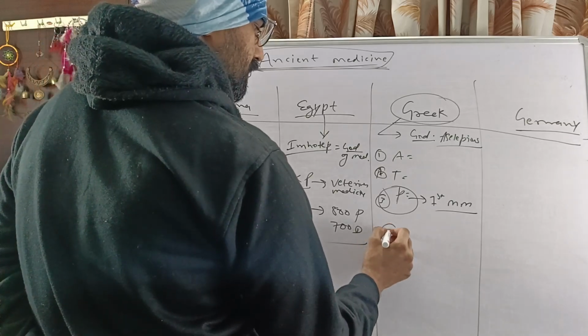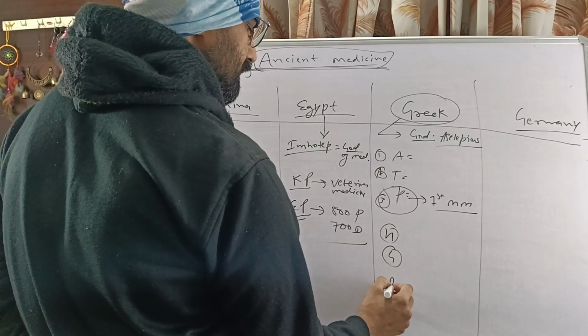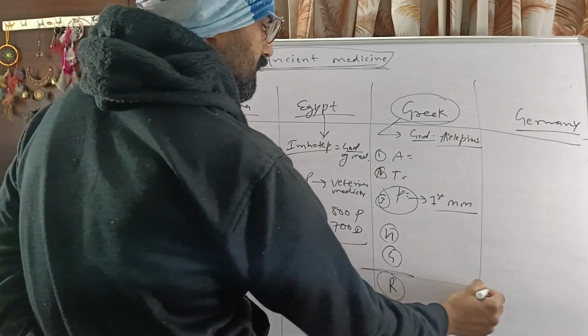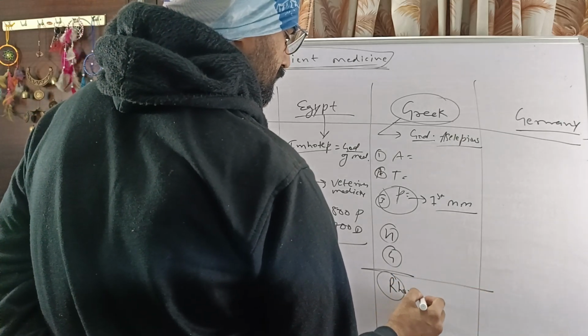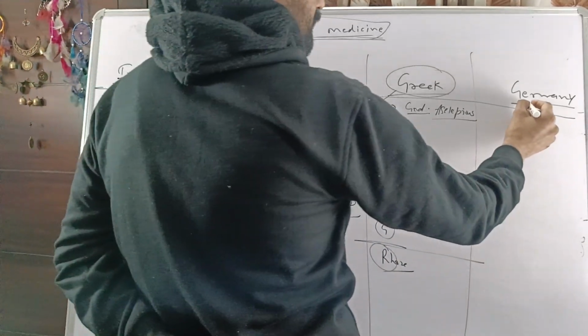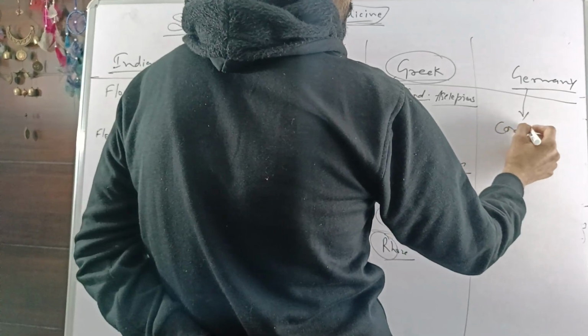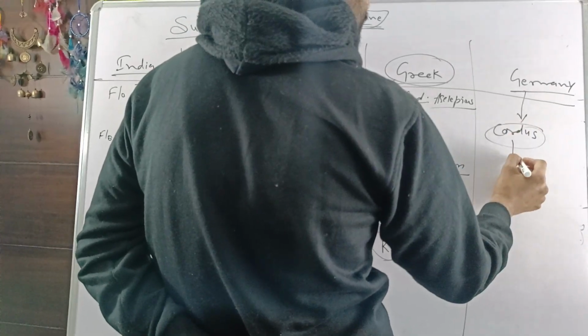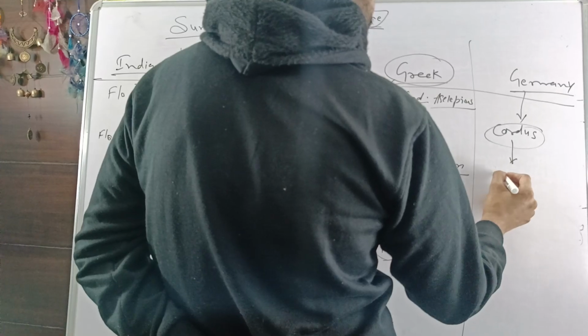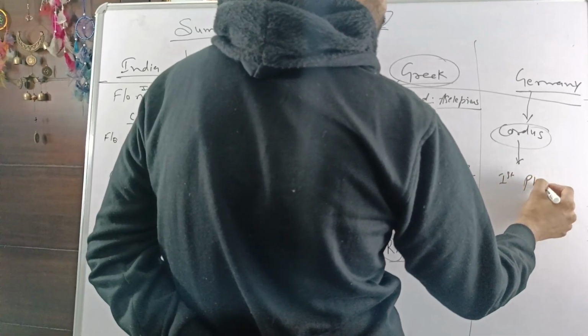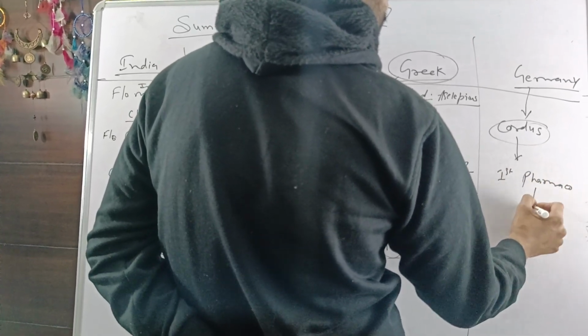Then Hippocrates, Galen and the Persian one, Rhazes. Germany has only one, Cordus, who compiled the first pharmacopoeia.